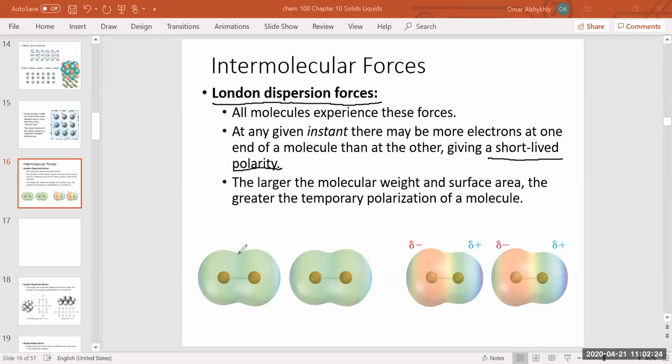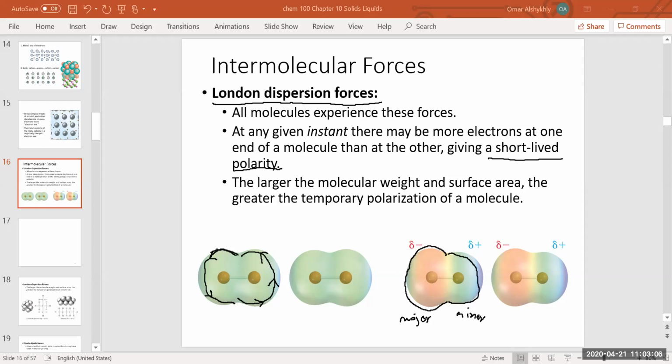So look here. On the molecule, we have electron density around the nucleus of each atom, and these electrons are always in movement. At a specific moment, maybe we will have this situation: this end has the major part compared to the other part, which is the minor.